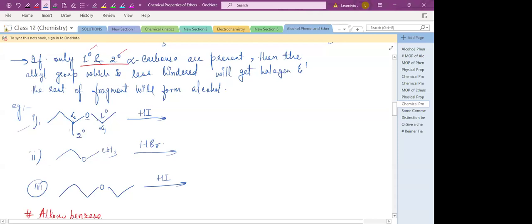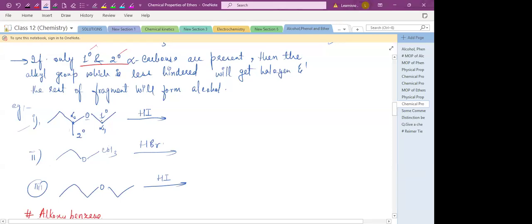Now you can see which one is less hindered. Obviously the primary one is less hindered, because in the secondary, what is there? There are two methyl groups. Here a methyl group, here a methyl group, and this is also attached. So here the number of carbons is more, and there is more hindrance on alpha 2.